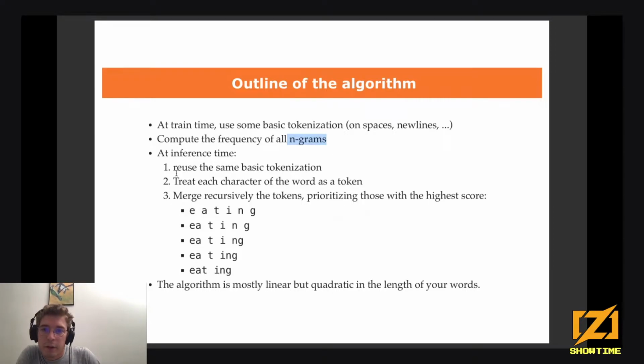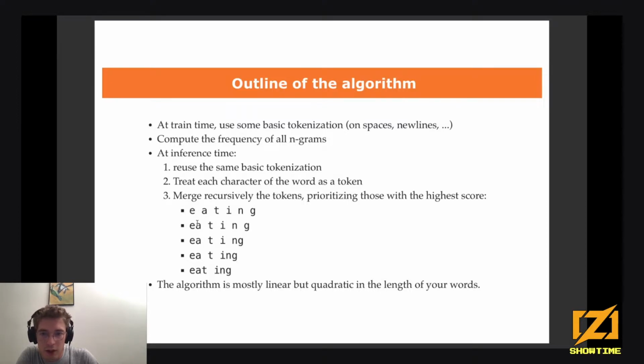And at inference time, you first reuse the same basic tokenization on spaces, and you start by splitting all the characters into different groups. Then you try to merge them, always merging the pair with the highest score, which is how many times you saw this pattern in the training corpus.